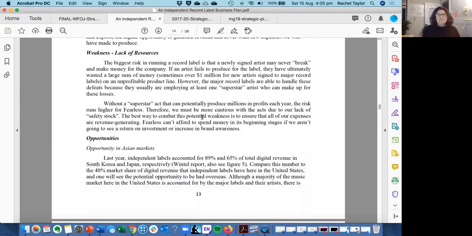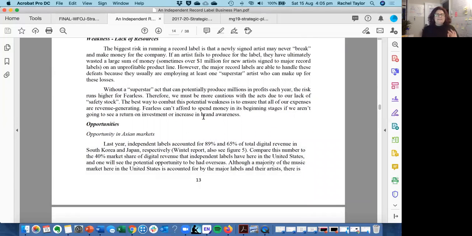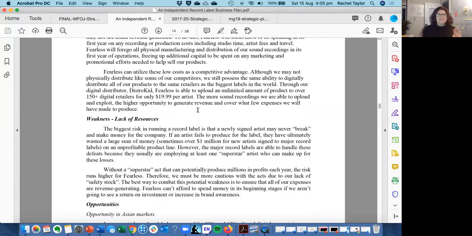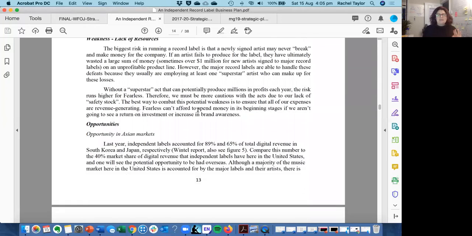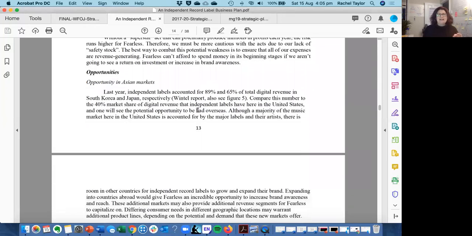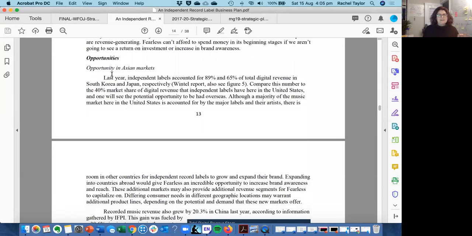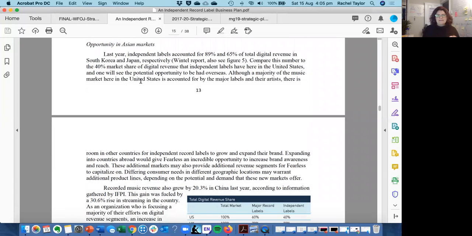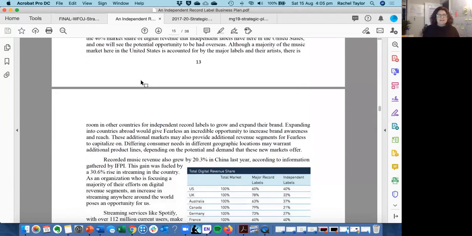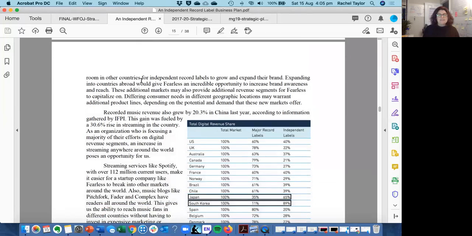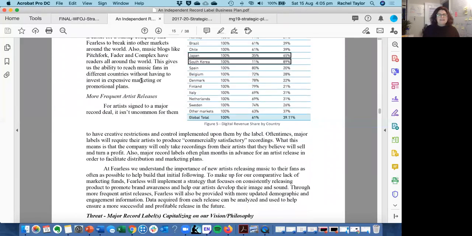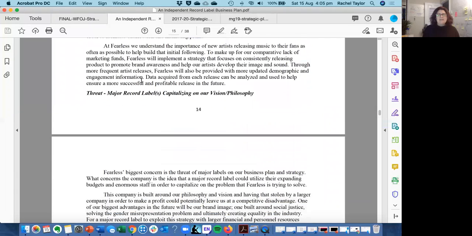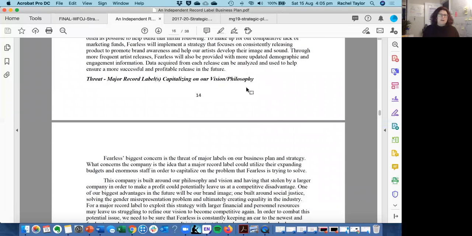And then in terms of his external factors, so internal being his strengths and weaknesses, external being his opportunities and threats, he's identified his key opportunity as breaking into the Asian markets. He's in the US, so he sees being able to break into the Asian market as a key opportunity. And his key threat is being poached by a major record company.